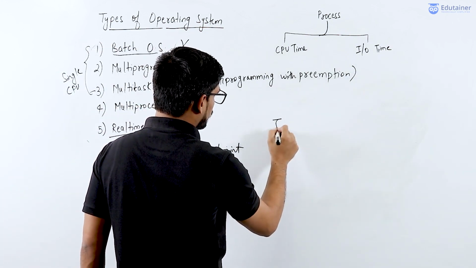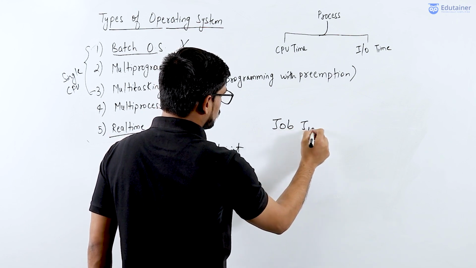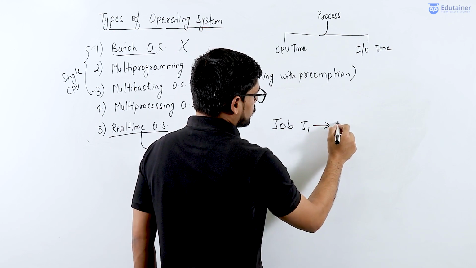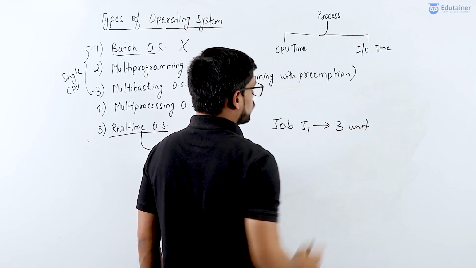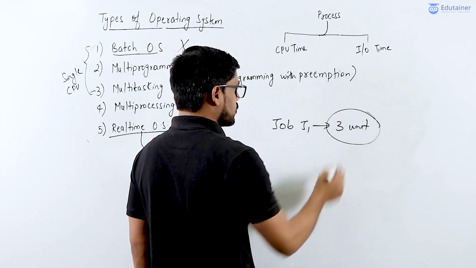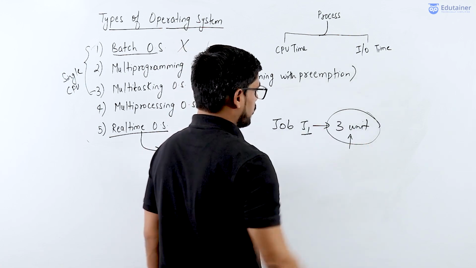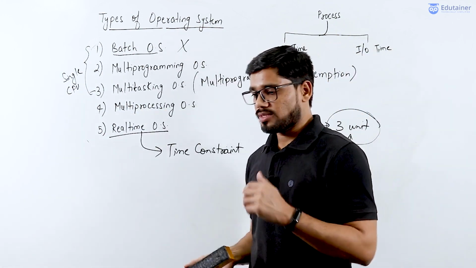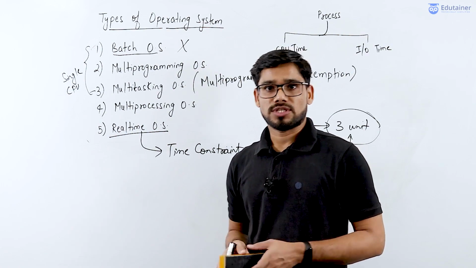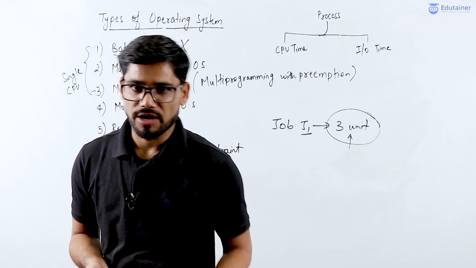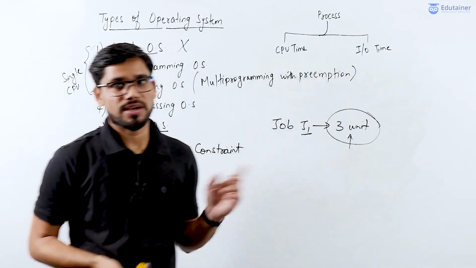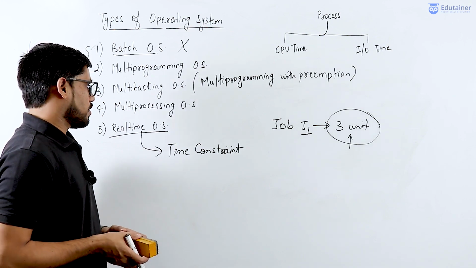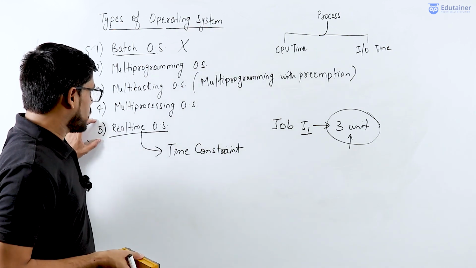Let's say job J1 requires 3 time units. Then the real-time operating system will finish this job J1 in exactly 3 units. For example, missile launching operations. In missile launching operations, we use real-time operating system because the deadline or time constraint is more important than any other factor. So real-time operating system is based on time constraints.